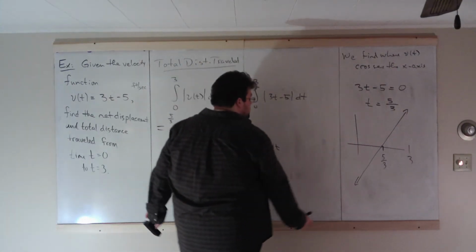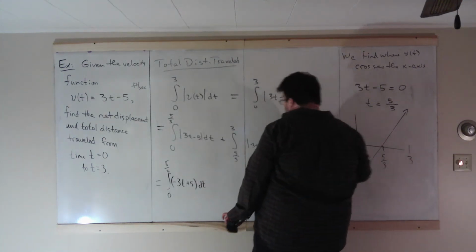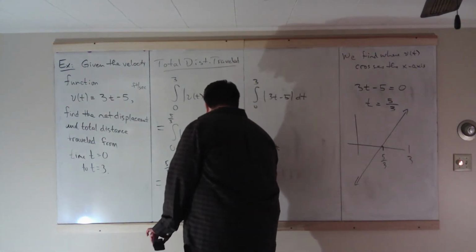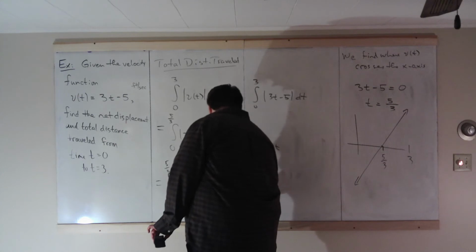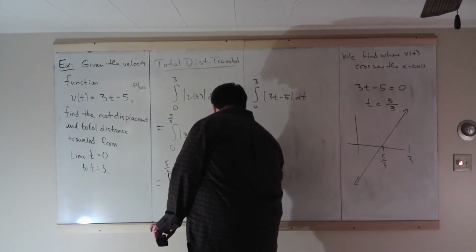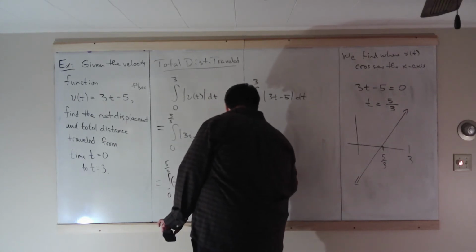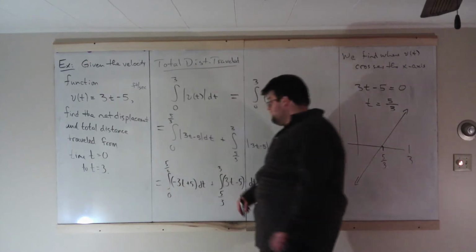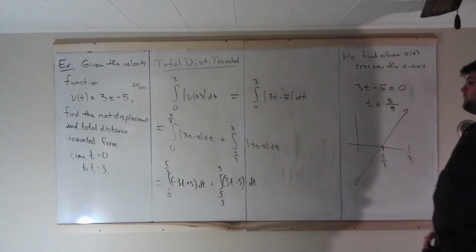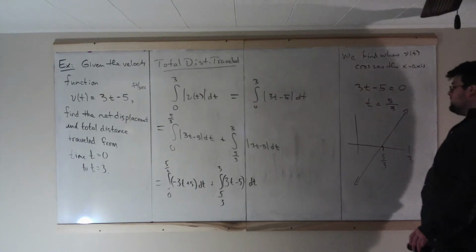On 5/3 to 3, velocity is positive. The absolute value is itself. So that's how it evaluates, and we can compute both of those intervals.